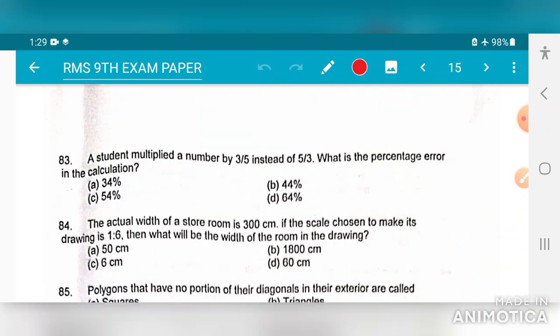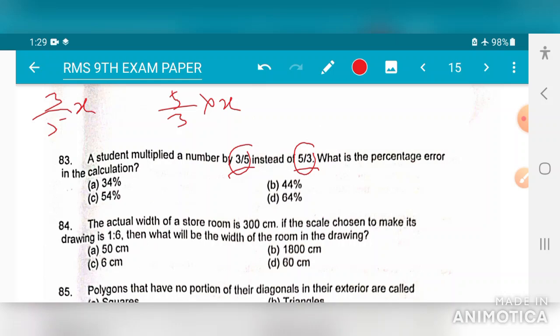Question 83. A student multiplies a number by 3/5 instead of 5/3. Instead of 5/3, he has multiplied the number with 3/5. So the original is 5/3 times x, and the wrongly multiplied one is 3/5 times x. Understood?